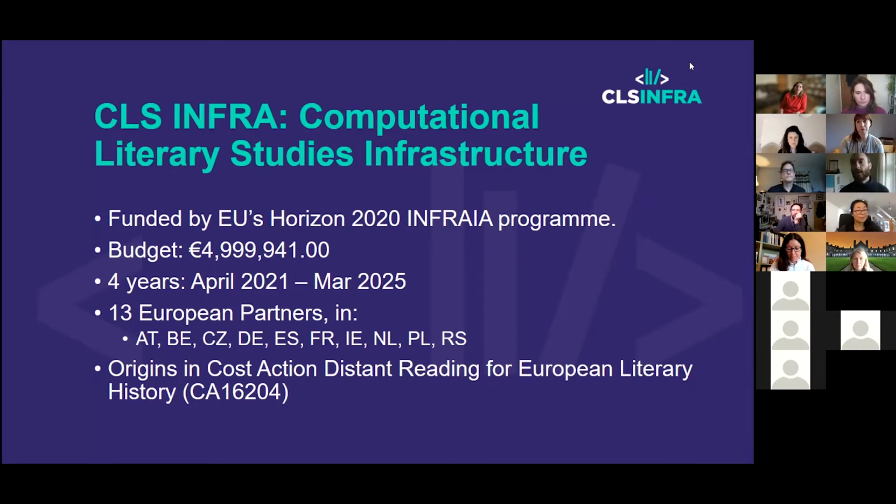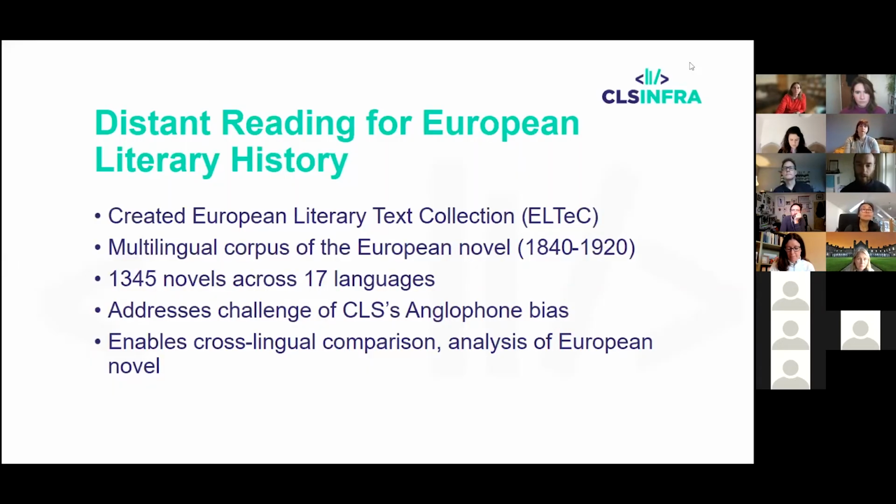I think that this provides a very good example of how a networking project such as a COST Action can lead on to a more substantially funded research project. I'll say a little bit about that to give an example of how our group uses collaborative methods to build reusable infrastructures for literary studies and for CLS.